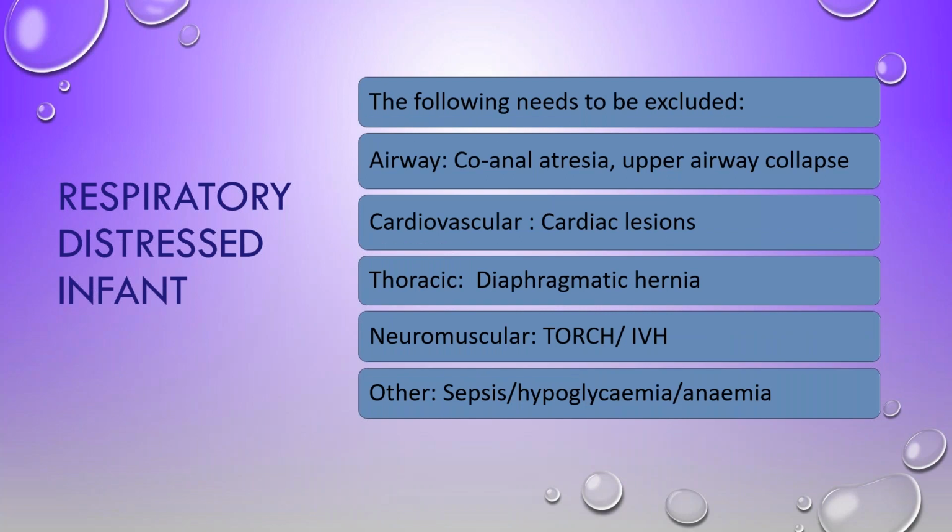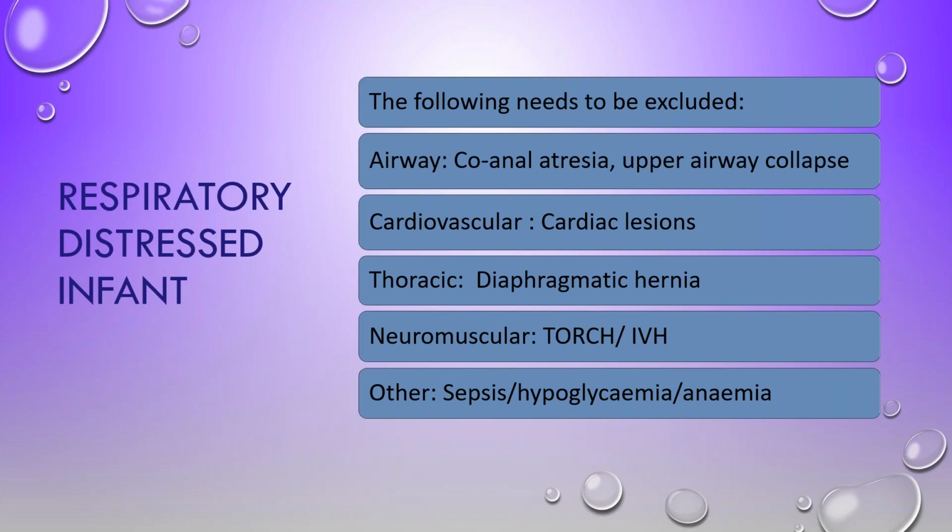What do we need to exclude? Check the airway. Is there a choanal atresia or an upper airway collapse? If we've got something like tracheomalacia, where the C rings are collapsing, the baby is going to require intubation and/or a tracheostomy. Are there cardiovascular problems? Are there cardiac lesions that are problematic?